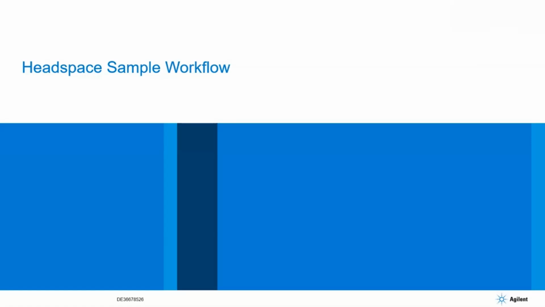Thank you so much, Abby. So next we'll be taking you through the sample workflow that we've been working to optimize on the 8697 system. So sample workflows sounds like it's all the same between different systems. But I think there's still definitely plenty of room to improve.